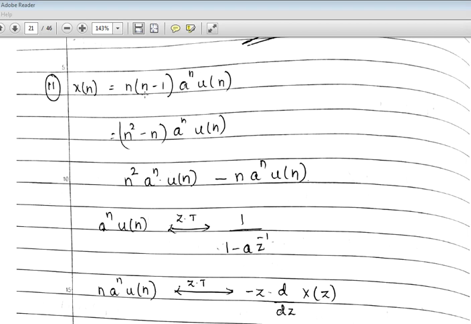We know the z transform of a raised to n into u of n. Just like alpha raised to n u of n's z transform is 1 by 1 minus alpha z raised to minus 1, similarly for a it is 1 by 1 minus a z raised to minus 1.